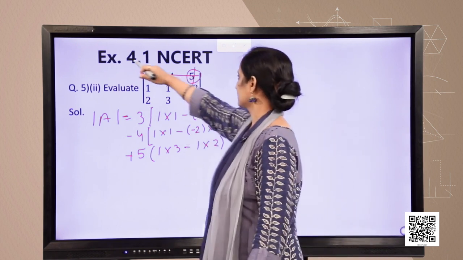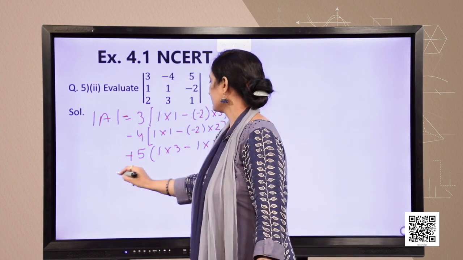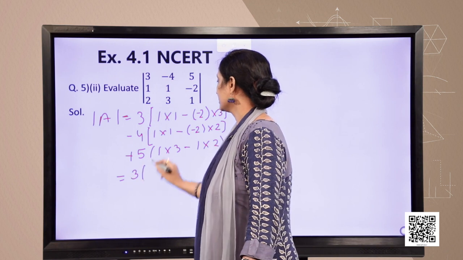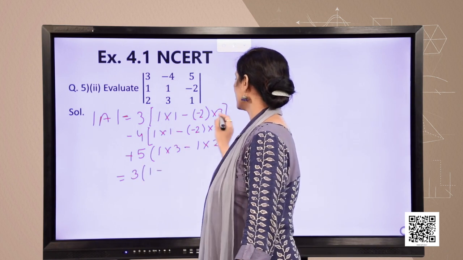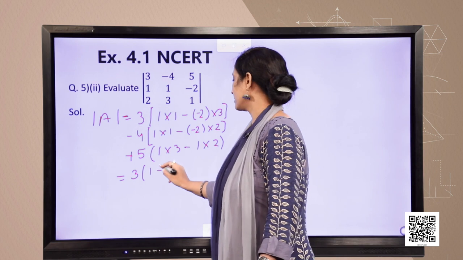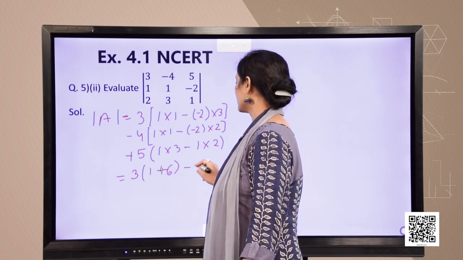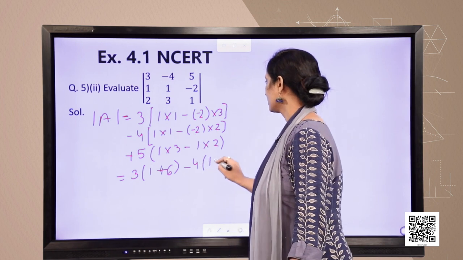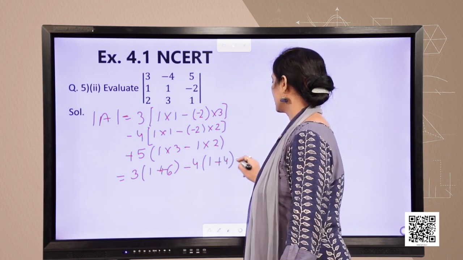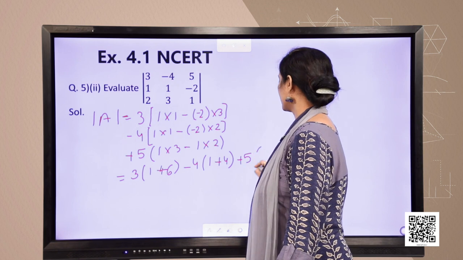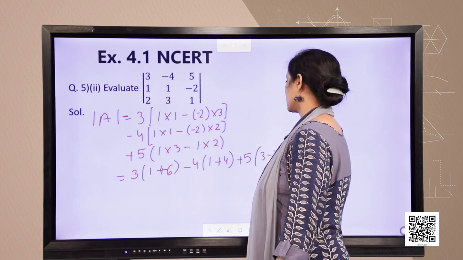Then simplify this. So, this is 3 into 1 minus of minus 6, so that makes it plus 6, minus 4 into 1 plus 4 plus 5, this is 3 minus 2.